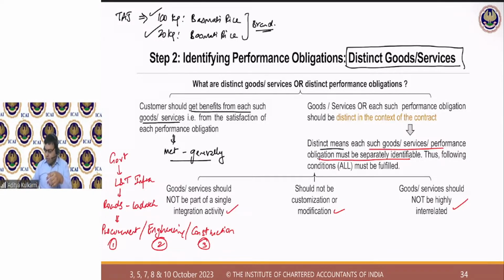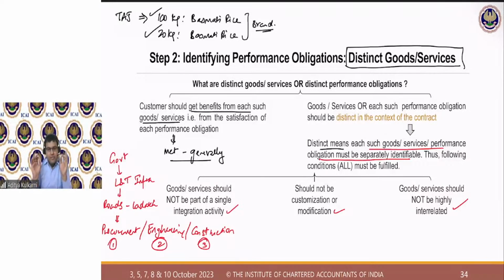Is it going to be thought about as three different contracts of engineering, construction and procurement, or is it going to be thought about as a single performance obligation involving construction of roads? What is your take on this?